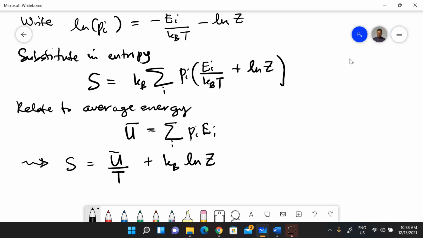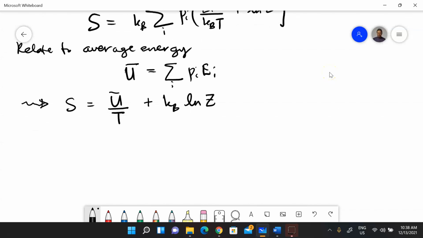Okay, but now I can bring the T to the other side, so I get T times S, and then bring that T times S to the other side of the equation, and arranging those, we are now able to write the following: U bar minus TS equals minus k_B log Z. But what is this?